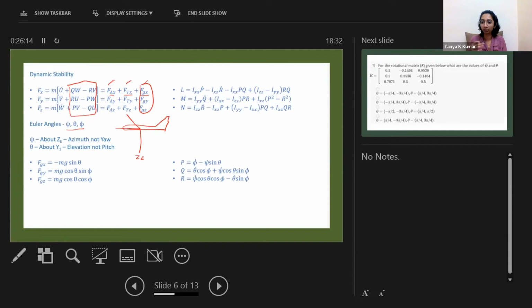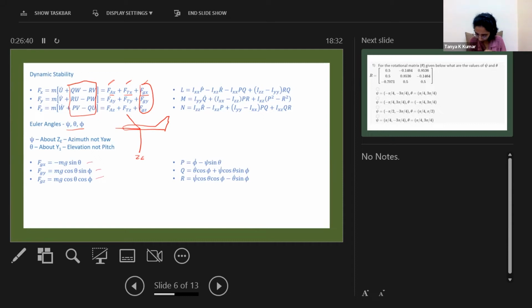So you don't have these xi, theta, phi angles coming into play in those terms. You only have them in the gravitational components. How are those gravitational components? You can easily derive this. If your aircraft is pitched, it has an elevation theta. So the x component of gravitational force is here, and the y and z components. These are the three components of your gravitational force.